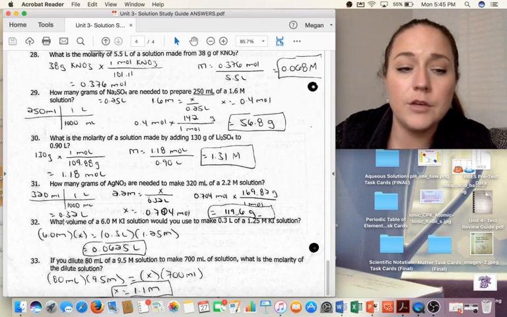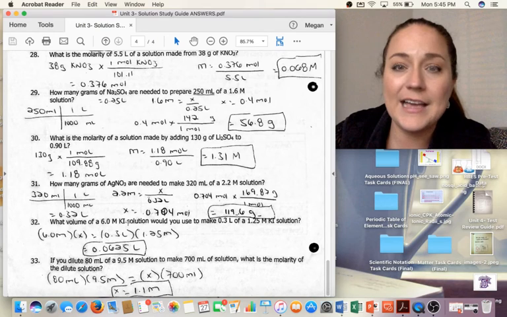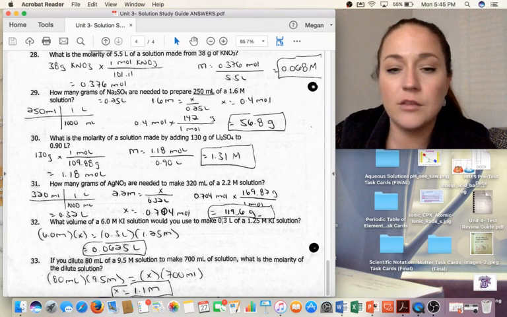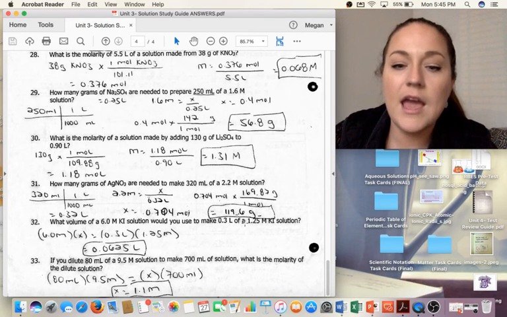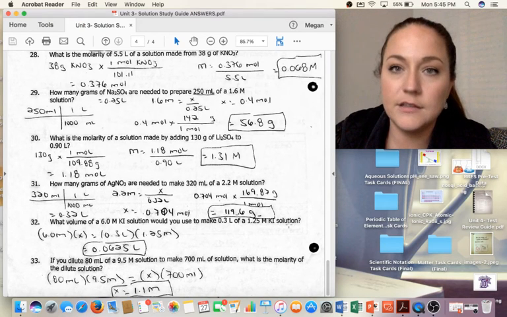Number 32. This is an M1V1 equals M2V2 type of problem. They ask what volume of a 6.0 molarity KI solution would be used to make 0.3 liters of a 1.25 molarity KI solution.